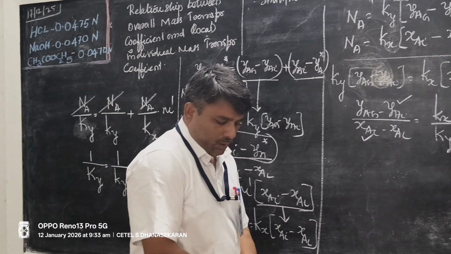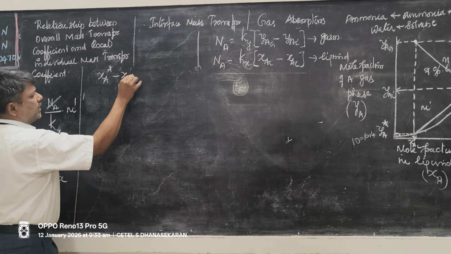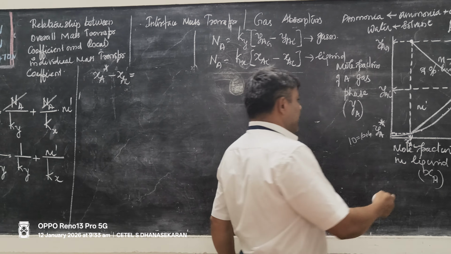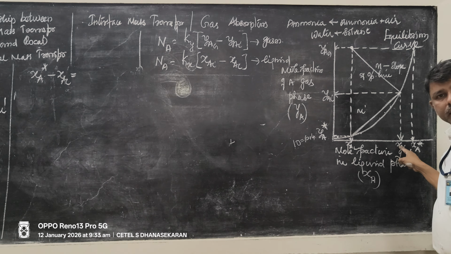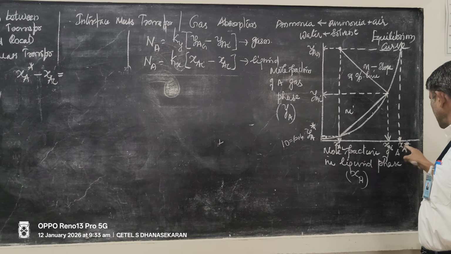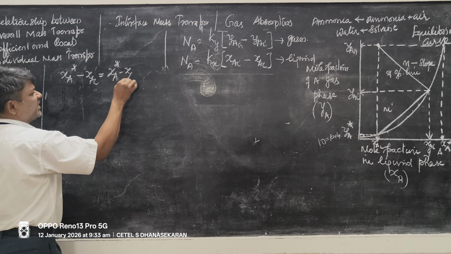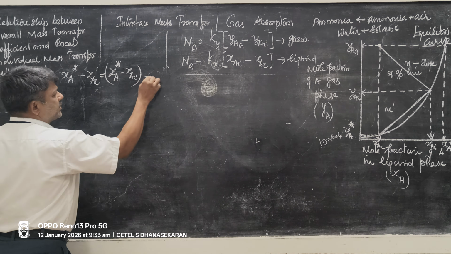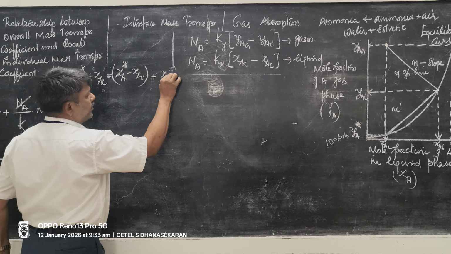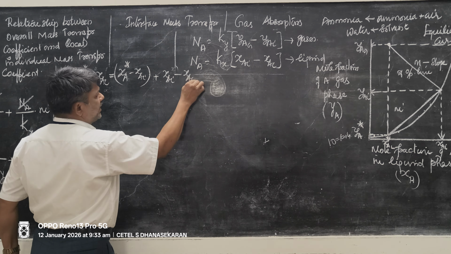Right, coming to the point of xA star to xAL. This can be written like this: xA star to xAI, and xAI to xAL, that is xA star minus xAI plus xAI minus xAL.